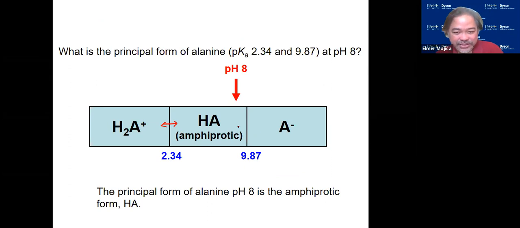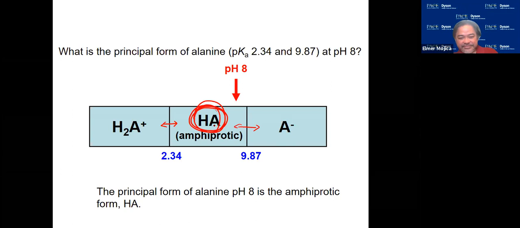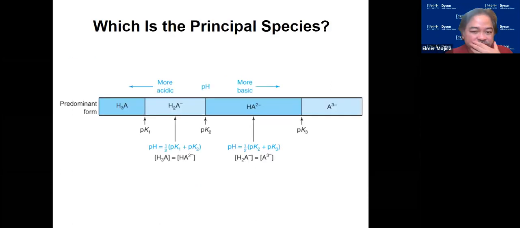At 9.87, that's the equal amount of HA and A minus. So if you have pH 8, if you map them, predominantly they exist as HA. So that's the principal form of alanine at pH 8. So if we have the triprotic system here, this is how it looks like. So the more acidic form and the more basic form.